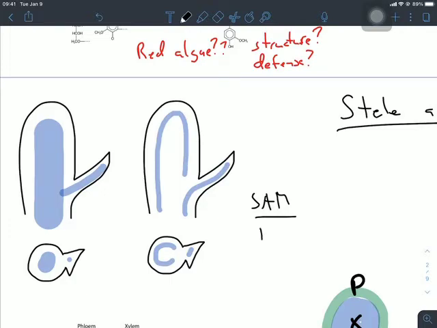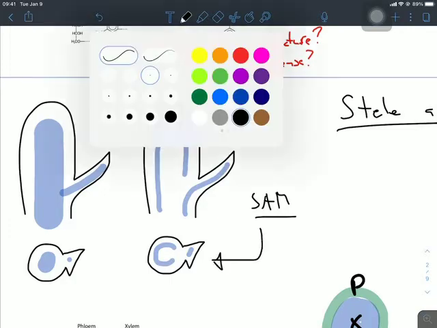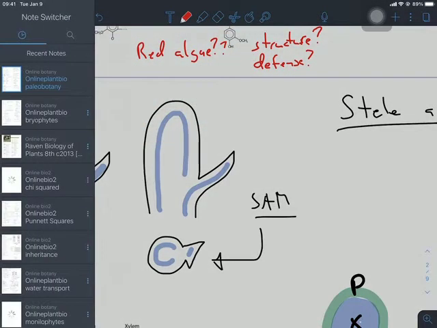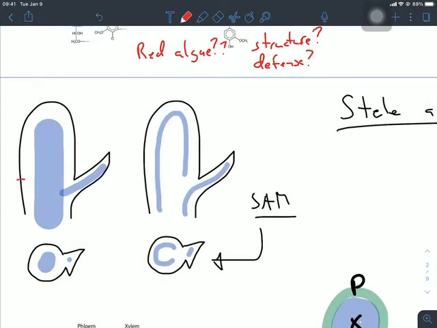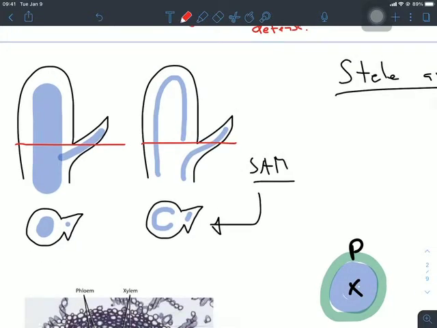And then below it, we have it in cross-section. So we're literally taking a slice out of this in order to see what it looks like under a microscope in cross-section.